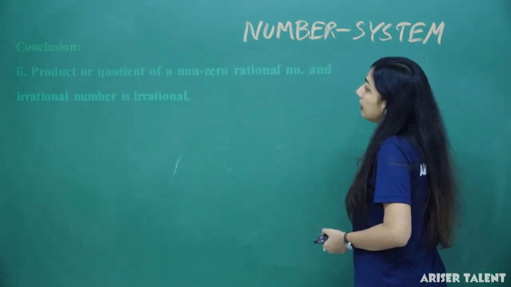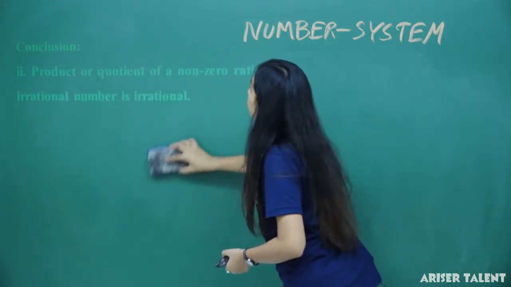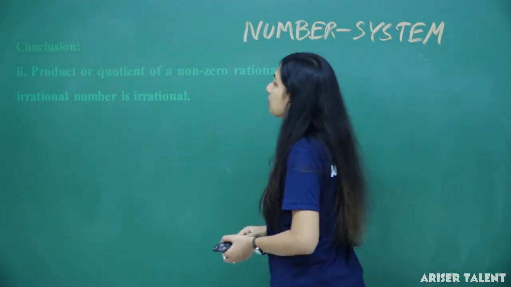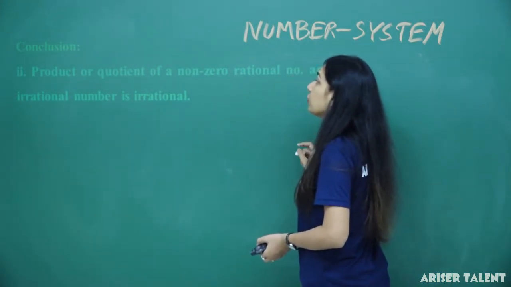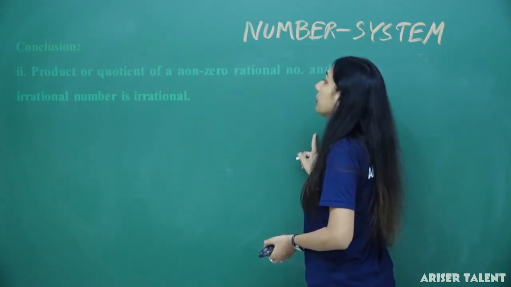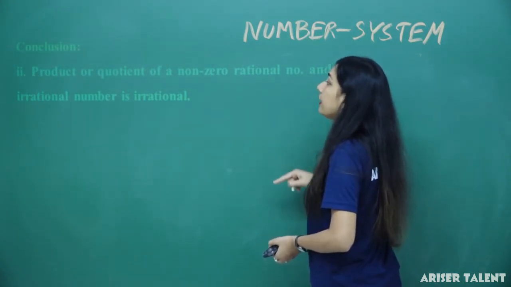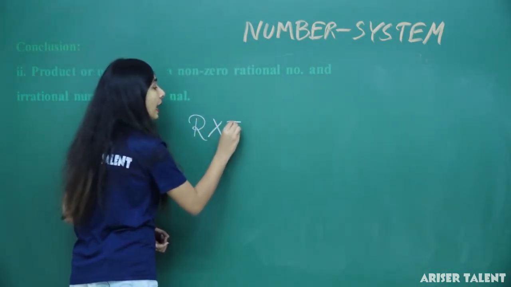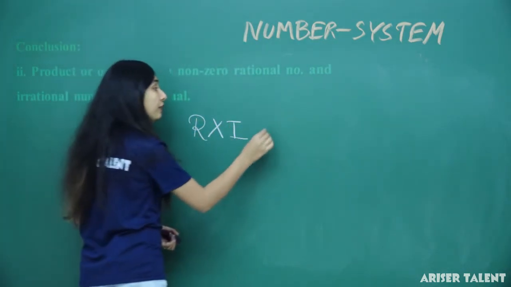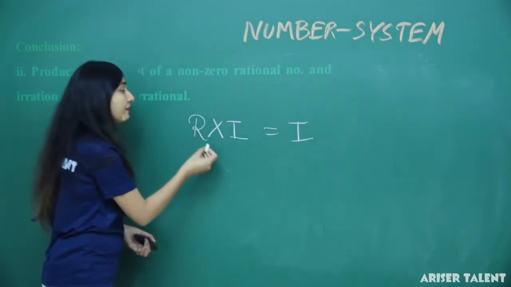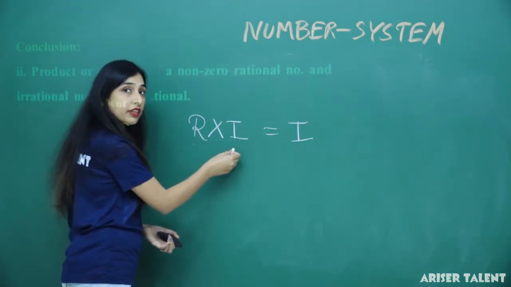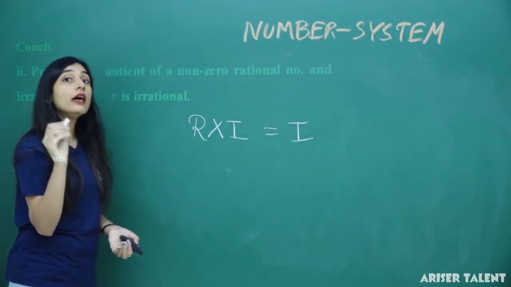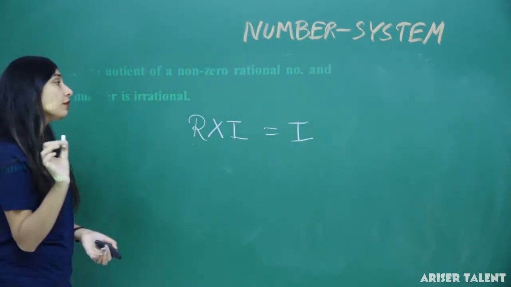Now the second one: product or quotient of a non-zero rational number and an irrational number is irrational. If I multiply r by I, that will always be I. If I am multiplying a rational number with an irrational number, the result will always be an irrational number only.